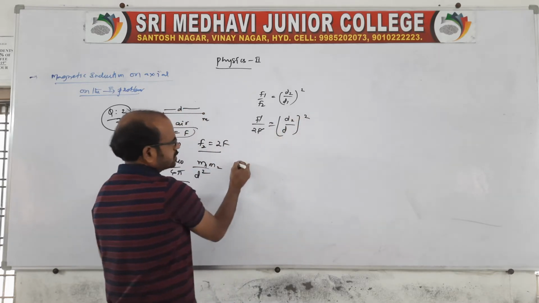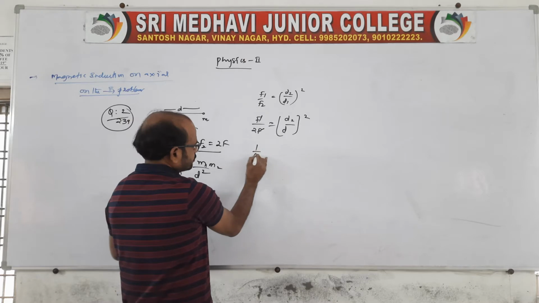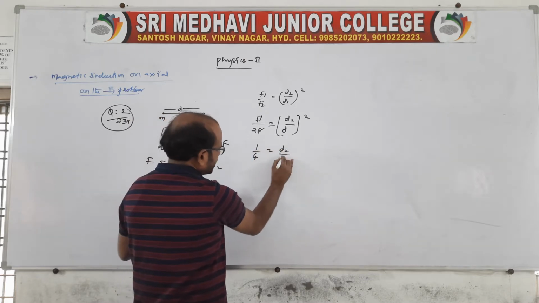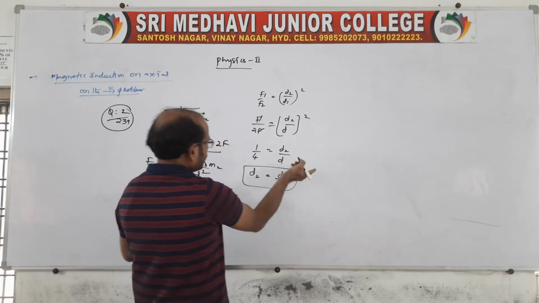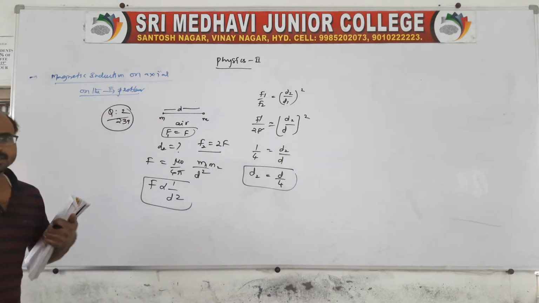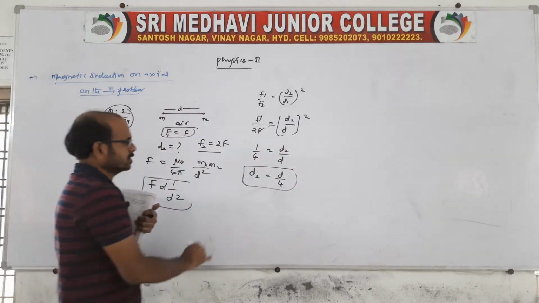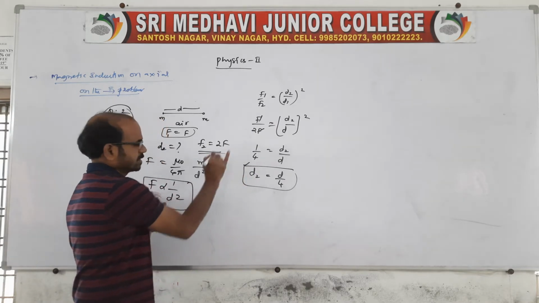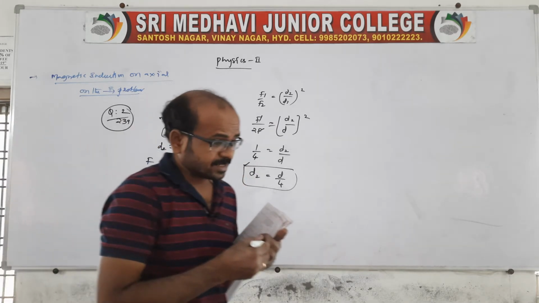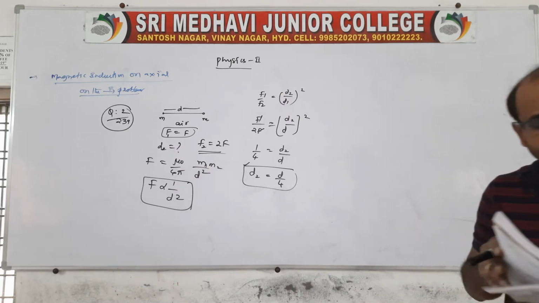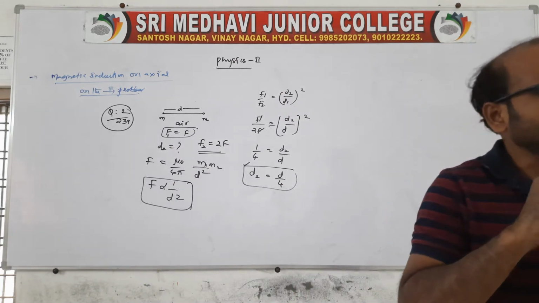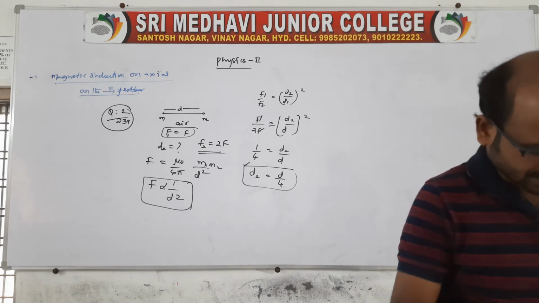Squaring on both sides, 1 by 4 is equal to d2 by d, so d2 is equal to d by 4. If the distance is one fourth of the initial distance, then the force is doubled. That is the conclusion. Go through this, because it was given in 2013.